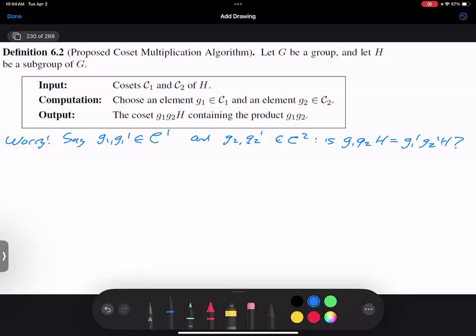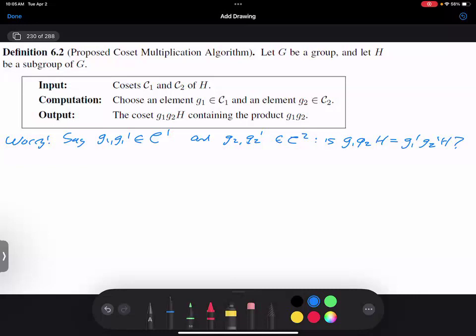If that's the case, then we're fine. And then we can take any coset representative for C1 and any coset representative for C2, and the multiplication is well defined. But if it depends which representative I take, then that's not so good. So let's try to explore what this would mean if we want them to be the same.